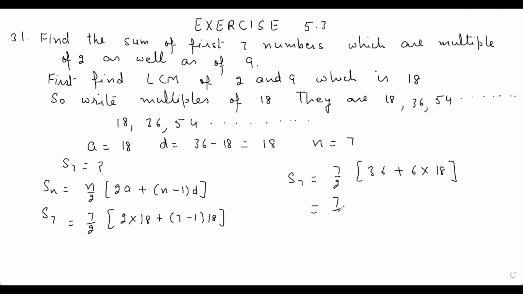That is equal to 7 by 2 into (36 plus 108). That is 7 by 2 into 144. That is equal to 504. So the sum of 7 numbers which are multiples of 2 as well as of 9 is 504. So 504 is the answer.